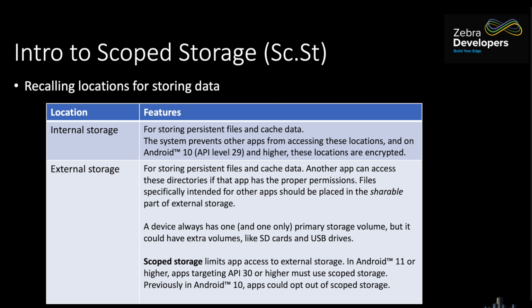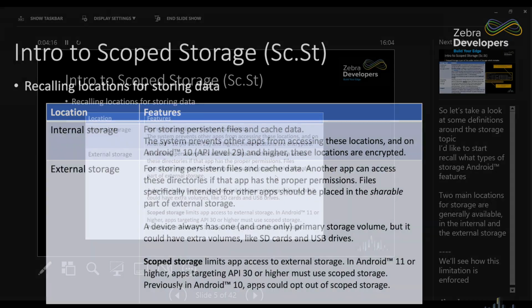So the documentation is specifically telling us that when an application wants to share a file, this file should be placed in a shareable part of the external storage, so in precise folders built for this purpose.